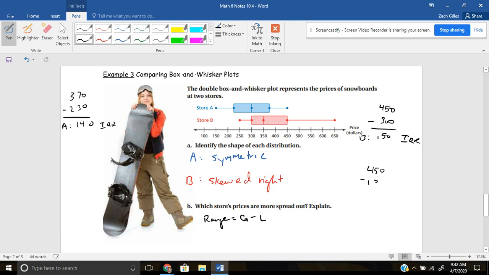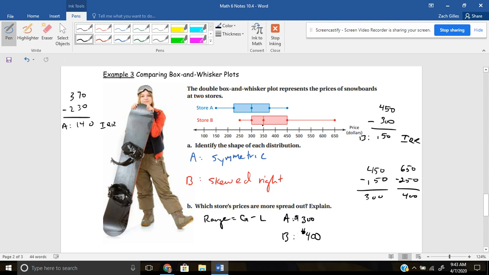The range of snowboard prices from the cheapest to the most expensive for store A would be $300. And for store B, I've got 650, my most expensive, minus 250, my cheapest, which will give me 400. So the range of prices in store B is 400.